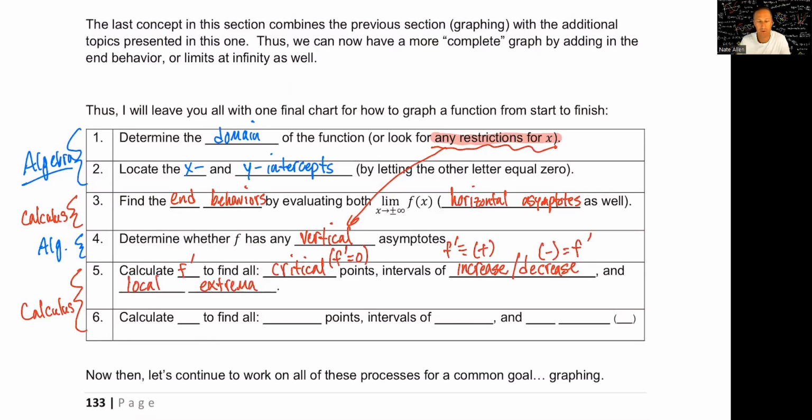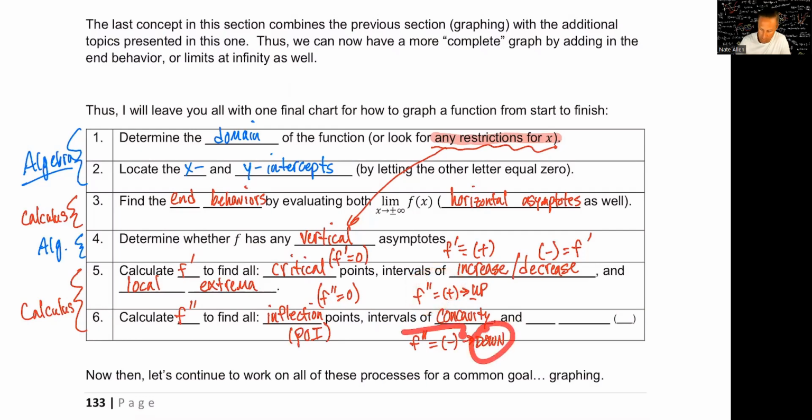And once we found our first derivative, we can then use that to find our second derivative to find now all of the inflection points or points of inflection. And that was where we found the second derivative equal to 0. And if that's where the second derivative is equal to 0, we can then test around it to find our intervals of concavity. Concave up is where our second derivative was positive.